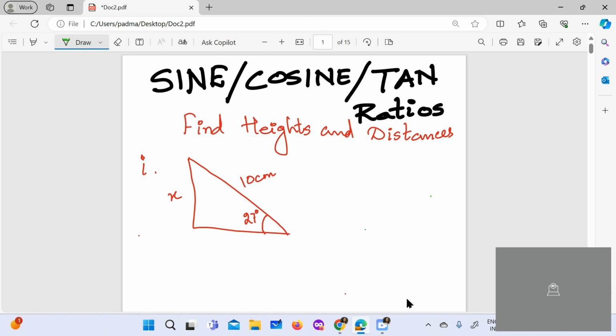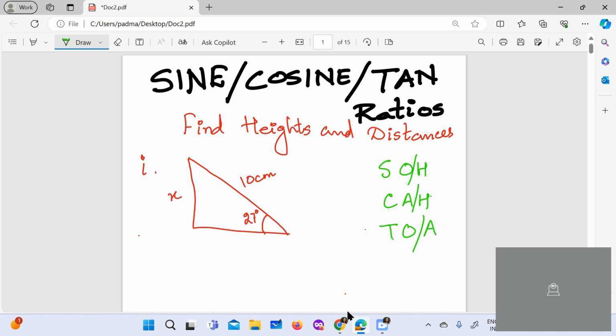So in the previous video I have explained, SOH CAH TOA: sine is opposite upon hypotenuse, cosine is adjacent upon hypotenuse, and tan is opposite upon adjacent. Okay, so let's see which ratio is applicable here.